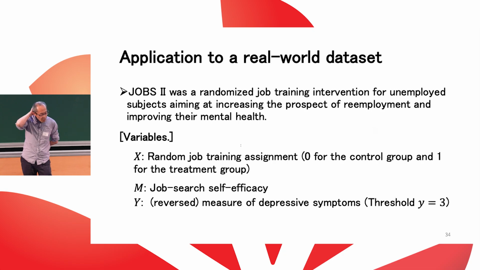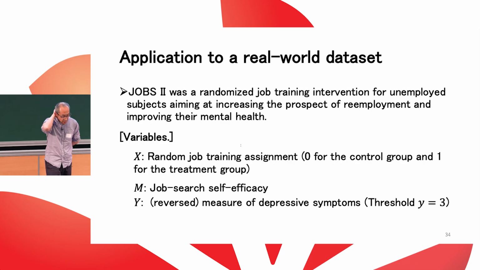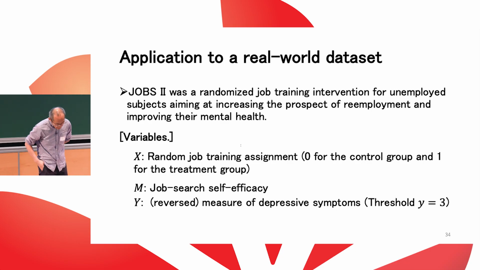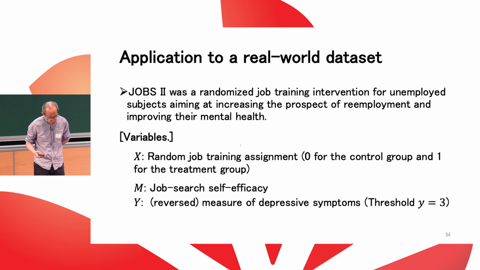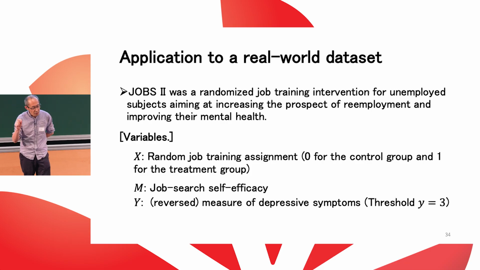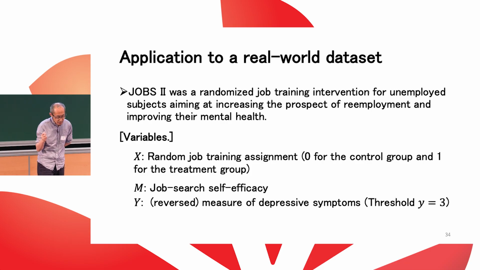Okay, finally, let's apply these quantities to a real-world data set. So we have considered this so-called jobs data set, which is randomized job training intervention data. So you perform job training intervention for unemployed subjects.